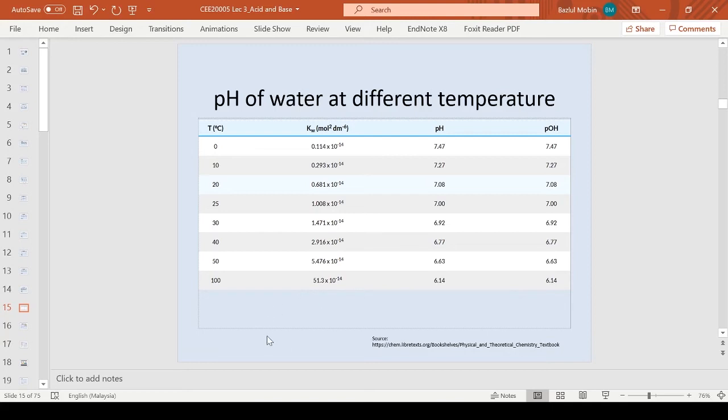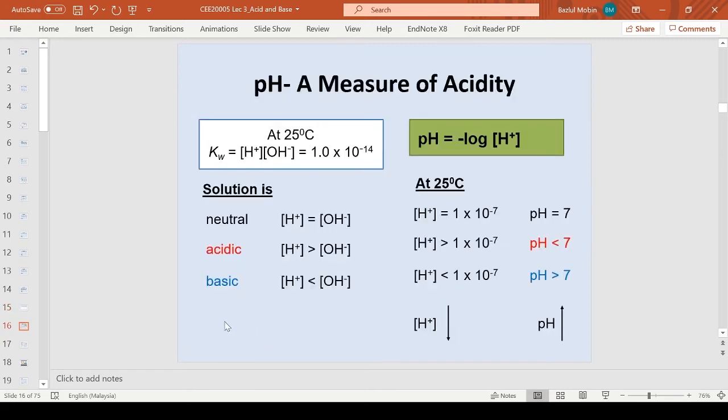It doesn't mean that the water is acidic. It means that it has more hydronium ion available in the system, but still has the same amount of hydroxyl ion as well. So pH is a measure of acidity, and we understand that the higher the acid, the lower the pH.